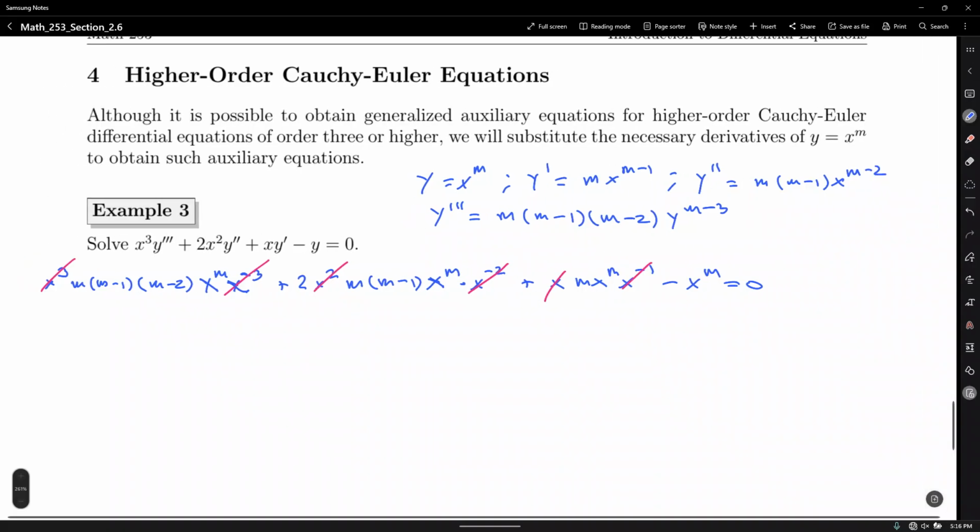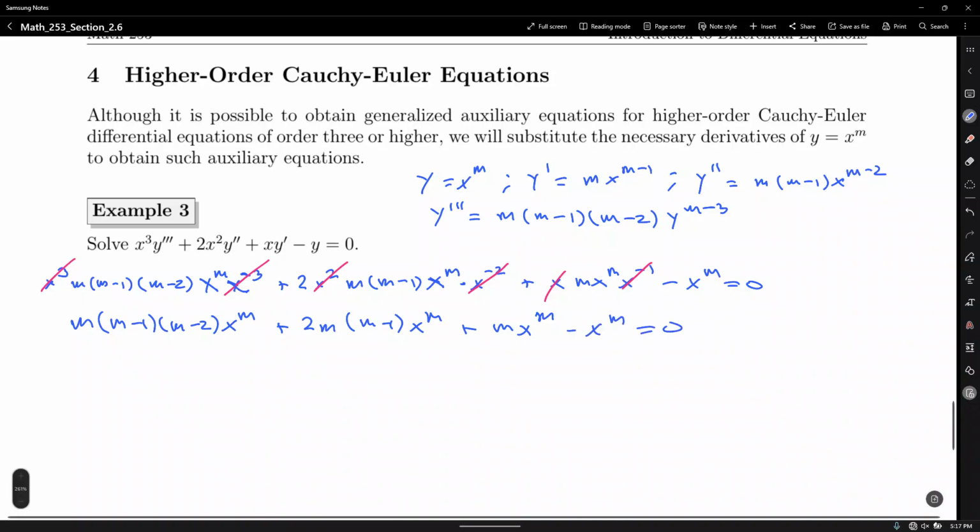So what do we have here? x to the m, m times m minus 1, m minus 2, plus 2m, m minus 1, x to the m, plus m x to the m, minus x to the m. Let that be equal to 0.